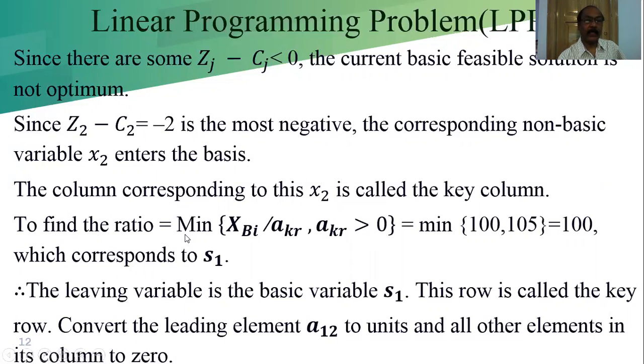To find the ratio, minimum of XBi by Aik, Aik greater than 0, equal to minimum of 100 and 105 is equal to 100, which corresponds to S1. The leaving variable is the basic variable S1. This row is called the key row. Convert the leading element A12 to unit and all other elements corresponding to that in the column will be 0.